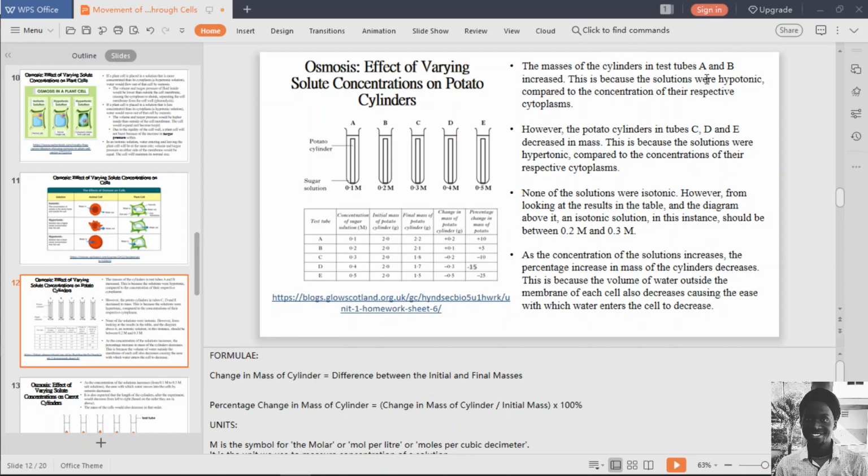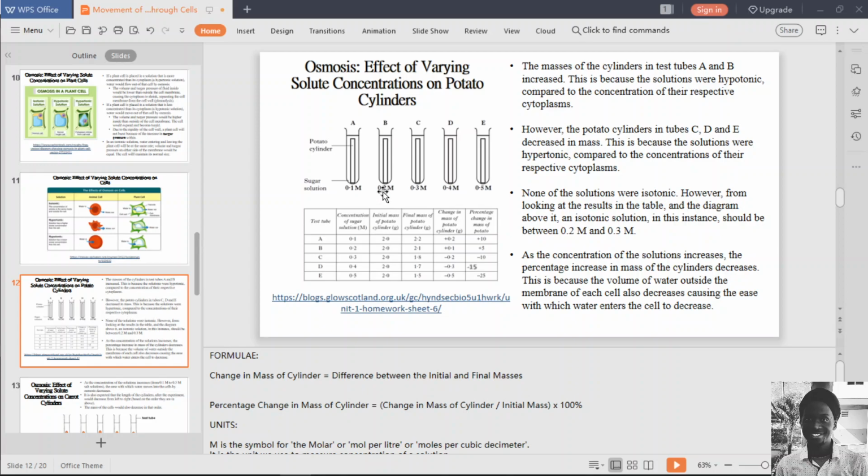This is because the solutions were hypotonic compared to the concentration of their respective cytoplasms. So the 0.1 molar solution and the 0.2 molar solution were each hypotonic compared to the solutions of their respective cell cytoplasm in the potato tissue.